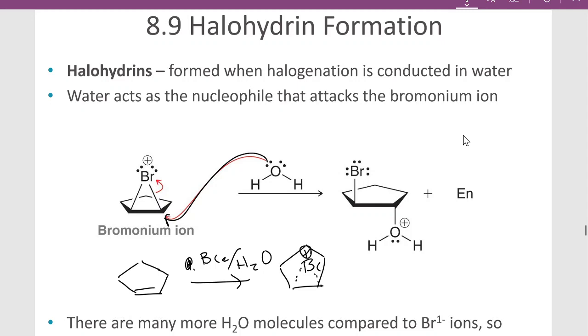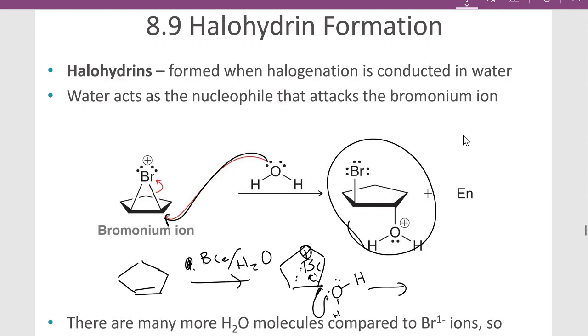In the second step, we've got a whole lot of water hanging around, so the water can act as a nucleophile and open the ring, like what's shown here, giving us this intermediate. In the next step, another water molecule comes along and pulls off that extra hydrogen to give the final product, which is neutral.